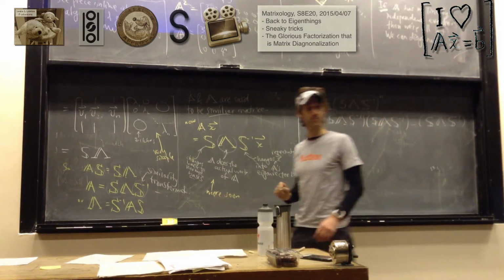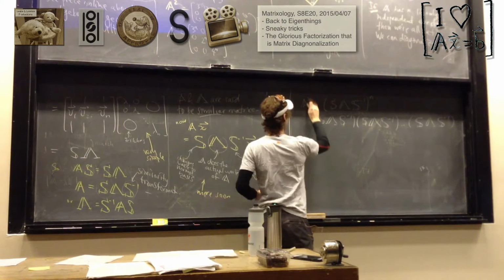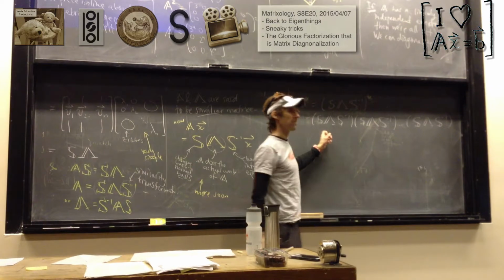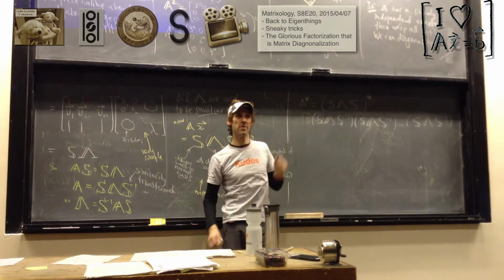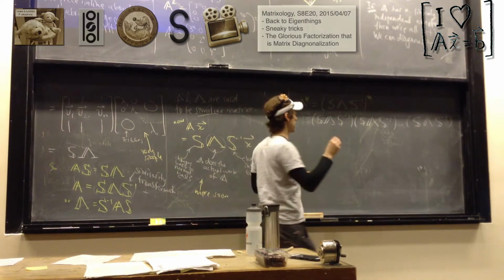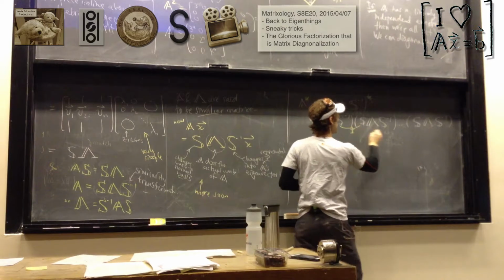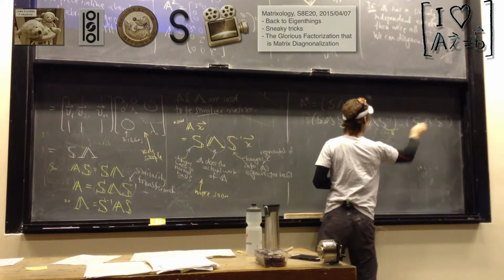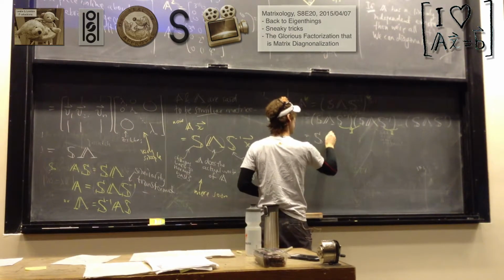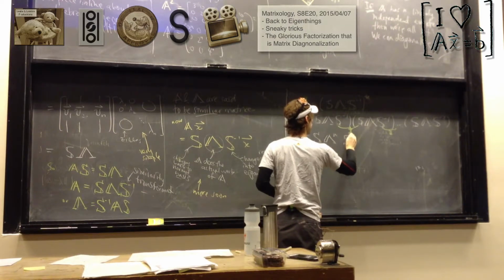Let's make it k. What happens? A good thing happens. Yeah, because these are all going to hit each other, right? So there'll be an identity in here. All of these things become identities. And so we end up with just S, and it's just the lambdas to the k, S to the minus 1.